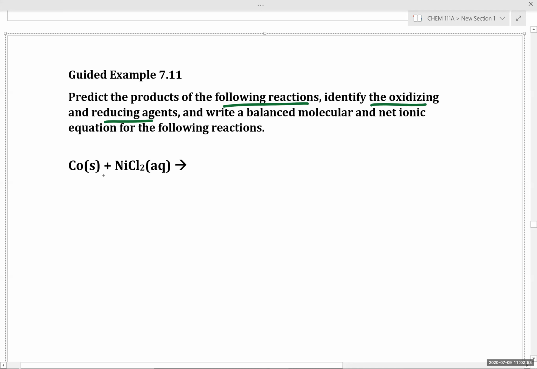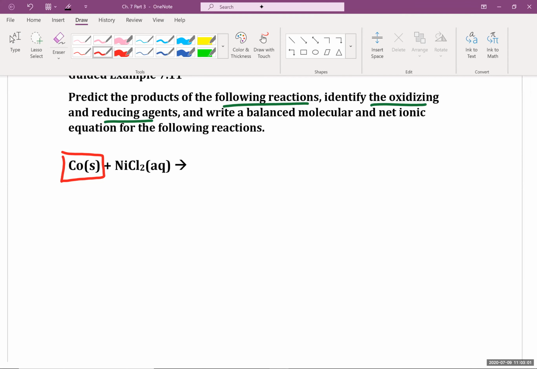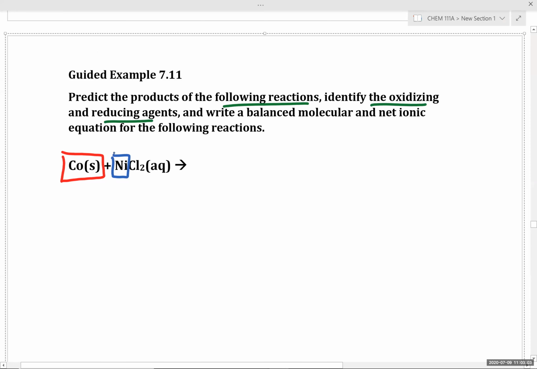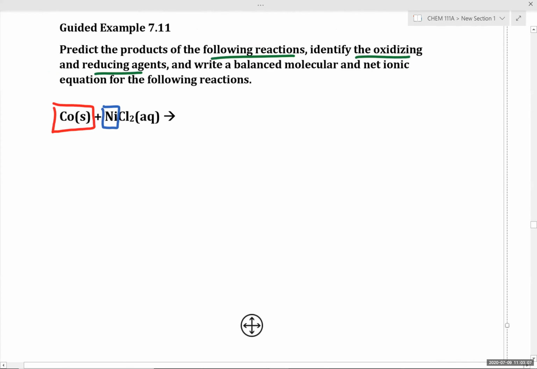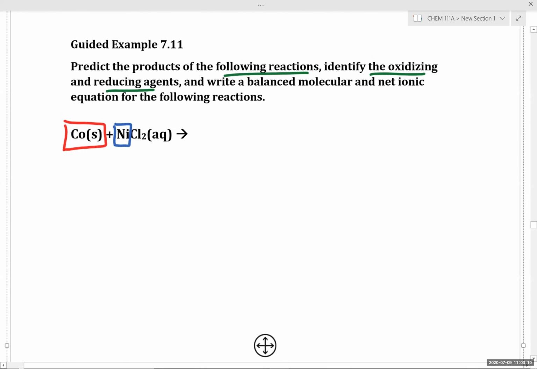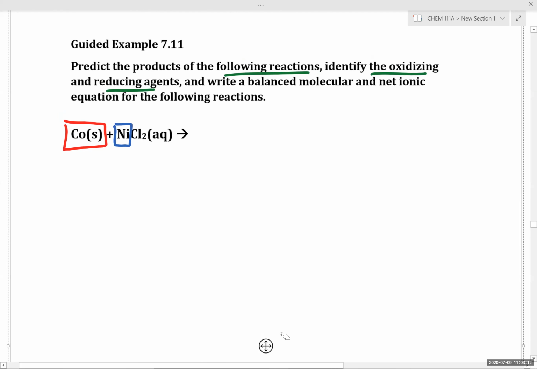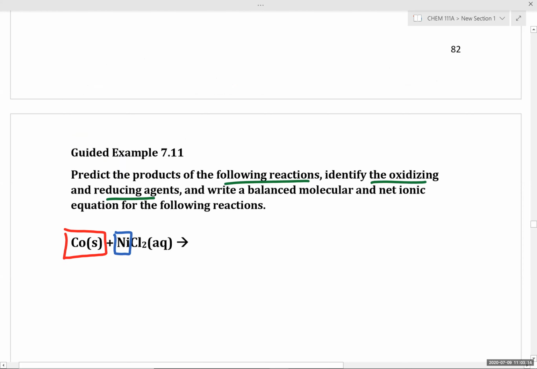Now I'm going to quickly put a box around my neutral metal and a box around my metal cation. I'm going to go now to my activity series, and you may want to have that as a separate printout, whatever works best for you.